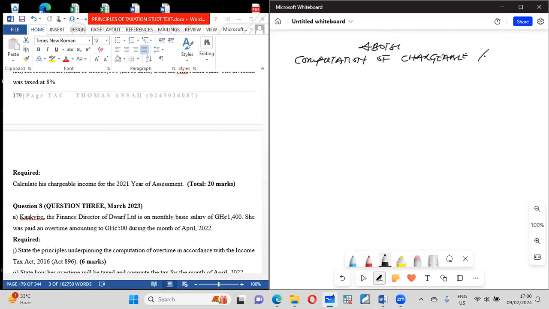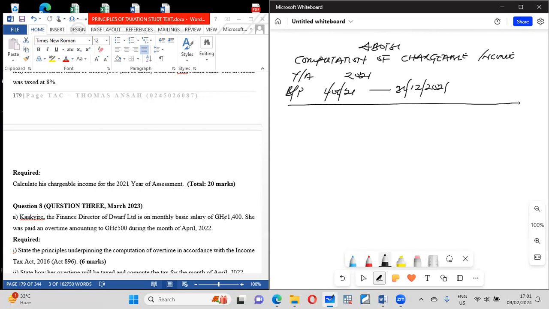That's a full 20-mark question. The year of assessment is 2021. Basis period, therefore, will be what? 1st January 2021 to 31st December 2021. All right, let's go up.